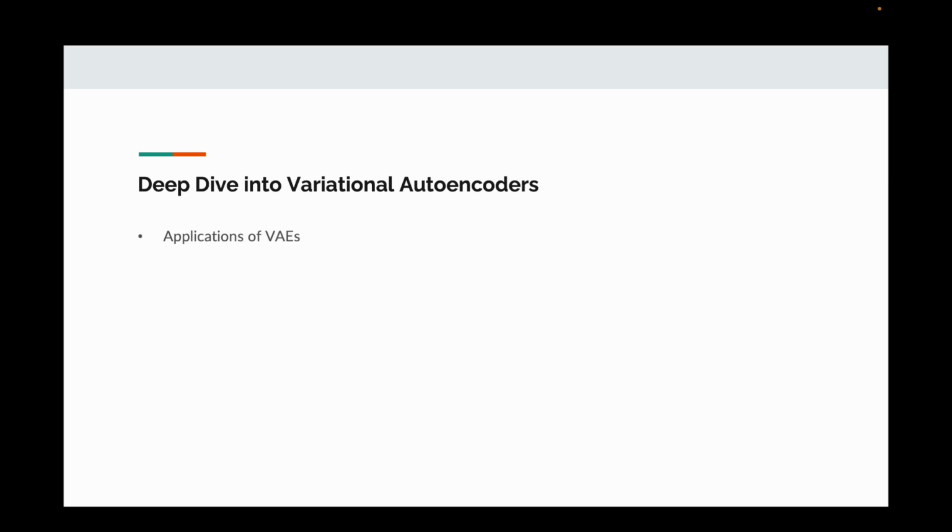Next, let's look at the applications of VAEs. We have image generation and interpolation. VAEs are popular for image generation tasks as they can smoothly interpolate between different images, creating new visuals. We have anomaly detection. VAEs can learn the distribution of normal data, making them effective at identifying anomalies by spotting data points that deviate from this learned distribution.